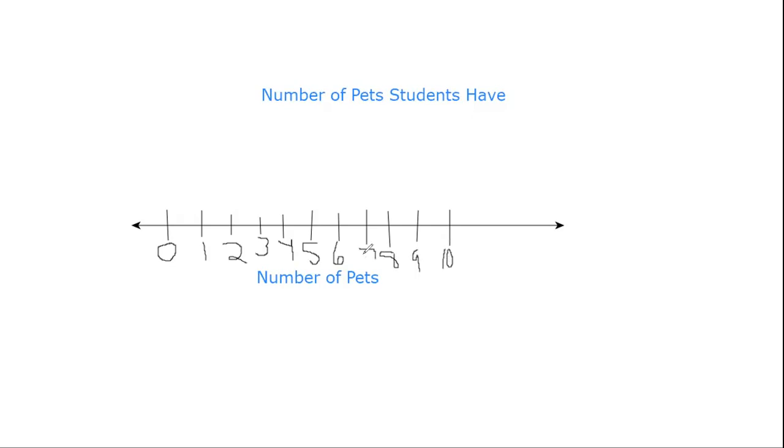Okay, so now I've got my number line all set up. Okay, and now I'm ready to plot my data. So coming back here, if I look here, 0 number of pets, 12 people have 0 pets, 12.